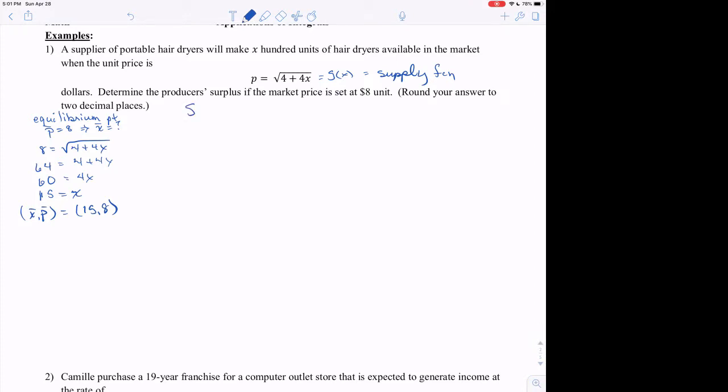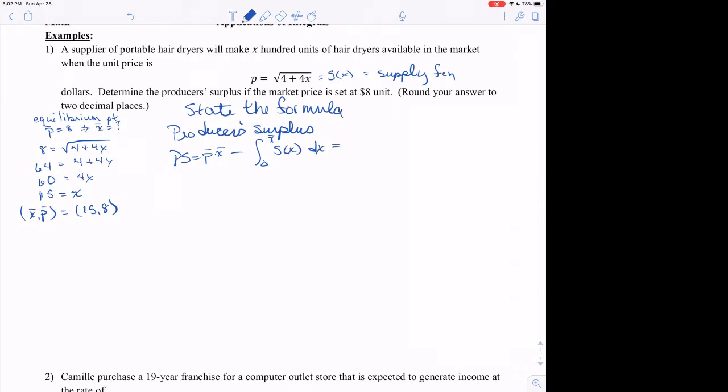So you need to state the formula. Okay, so we want producer surplus. So that is that we want PS equal to P bar X bar minus the integral from 0 to X bar of S of X dx.